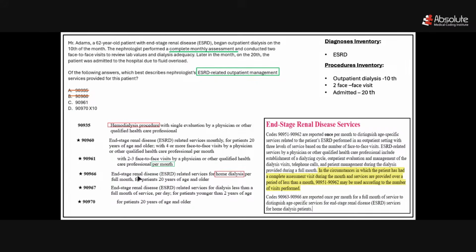And that makes option D incorrect and option C the correct answer. Option C is coding for end-stage renal disease related monthly service for patients 20 years of age and older. So age category is met with 2 to 3 face-to-face visits by the physician or other qualified professional per month.